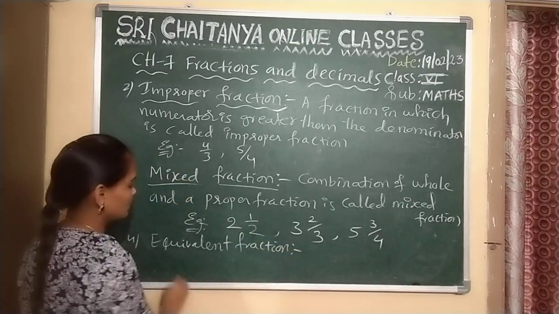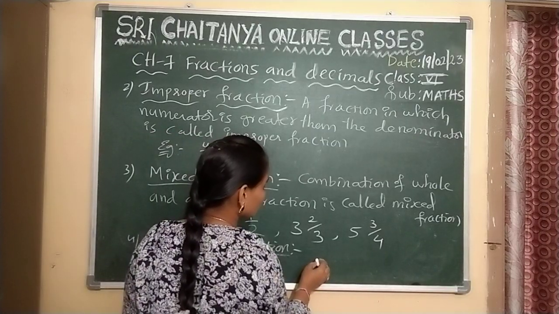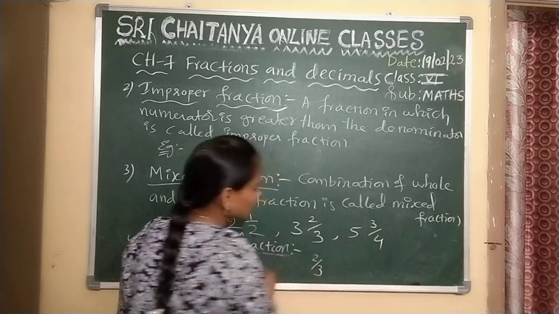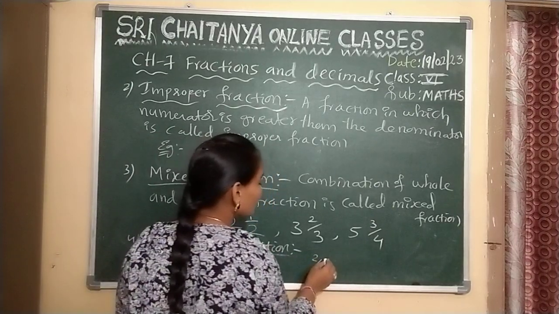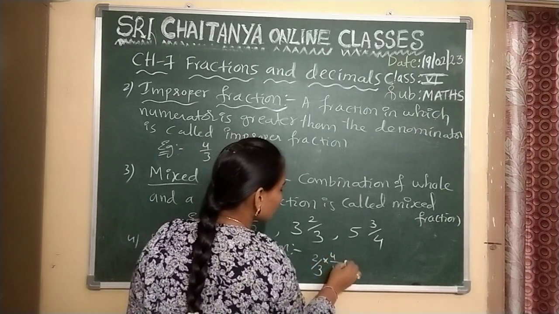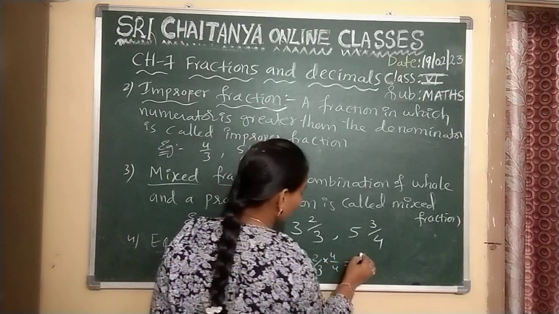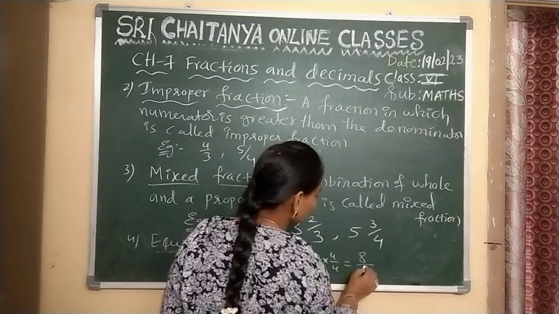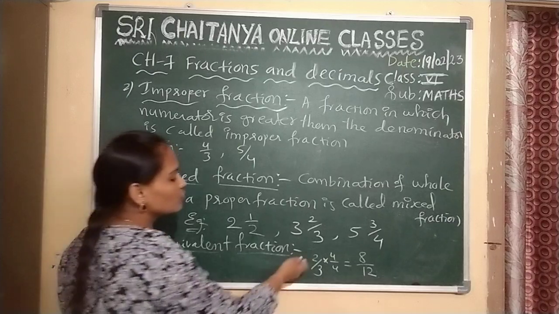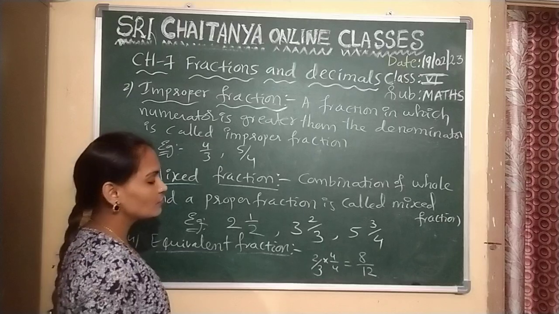Suppose take 2 by 3. For that fraction, you can multiply and divide with any constant number. Say 4: 2 fours are 8, 3 fours are 12. Now 8 by 12 is an equivalent fraction of 2 by 3.